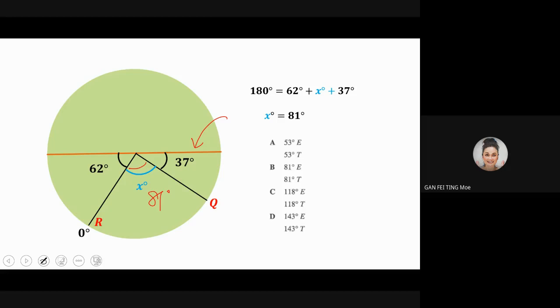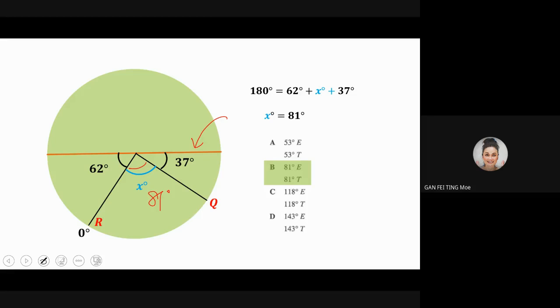This is your choices. Which one will be your answer? Easy or not? But if you fail, you get 180 minus either 37 or 62, and C and D will trap you. You get the wrong answer.